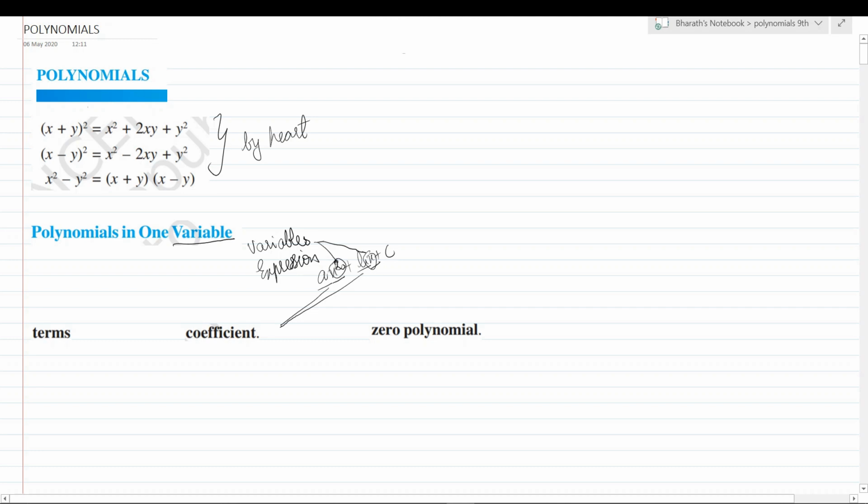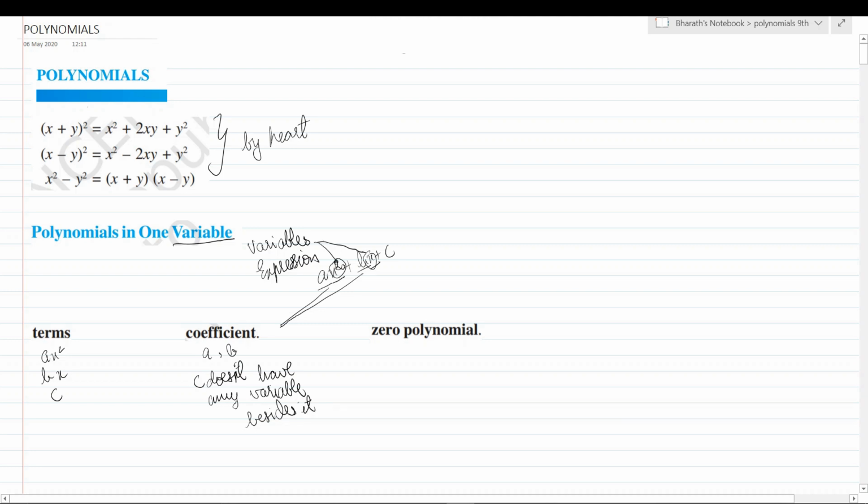So in this expression, the terms are ax², bx and c, but the coefficients are a and b only, because c does not have any variable besides it.